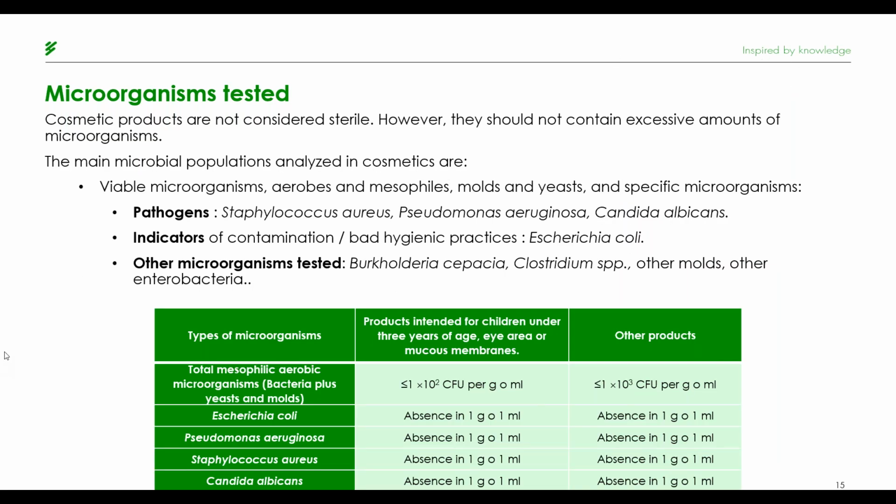Well, cosmetic products are not considered sterile, so they can contain a certain number of microorganisms, but this number of microorganisms should not be excessive.